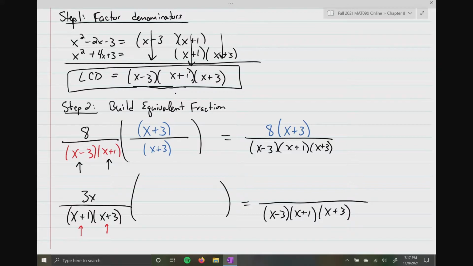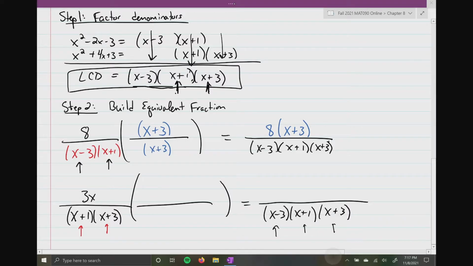But my goal here is to multiply by some factor of 1 such that I get x minus 3, x plus 1, and x plus 3 in my denominator. Well, if you think about it, I already got the x plus 1. Check. I already got the x plus 3. Check. The only thing I don't have is the x minus 3.